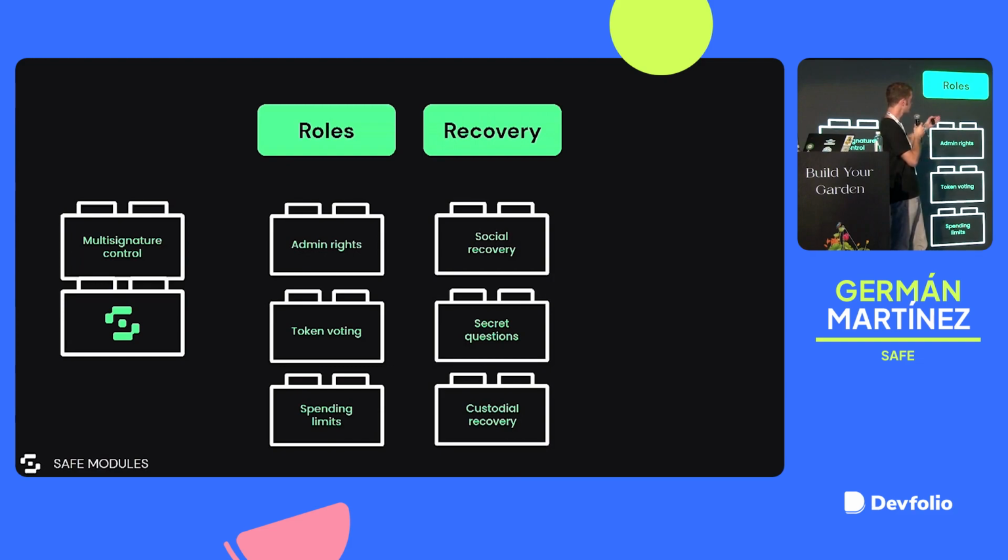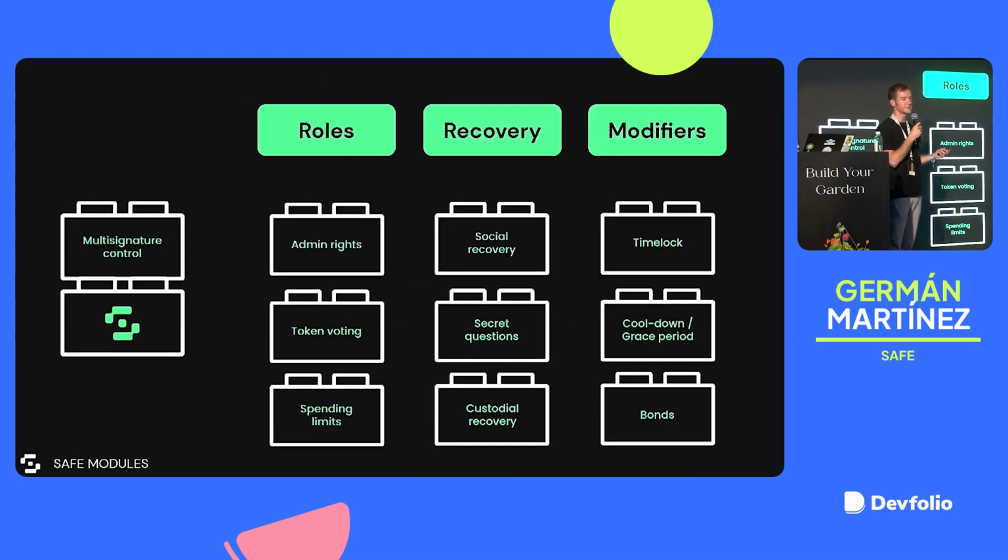And we could do that with social recovery by defining your friends' addresses and giving them access later in time, or secret questions, like if you remember long ago, when you were logging into a web page, there was, do you remember your password? And then it would ask you, what was the name of your first teacher or whatever? You could do something like that. Or custodial recovery or hybrid custody, etc.